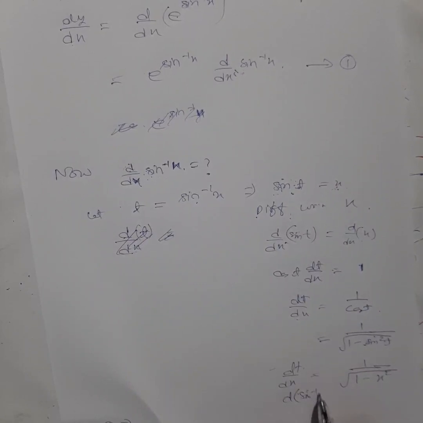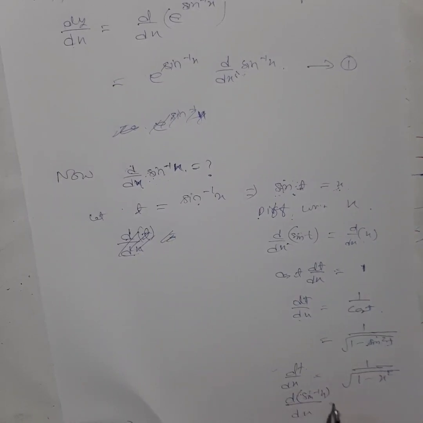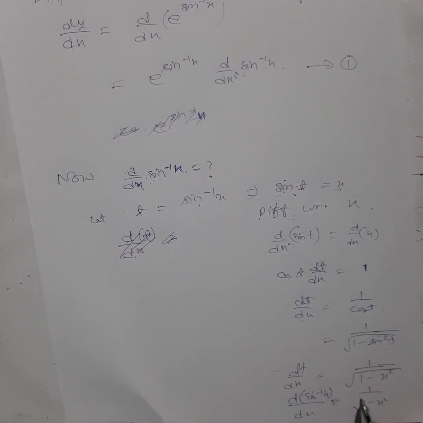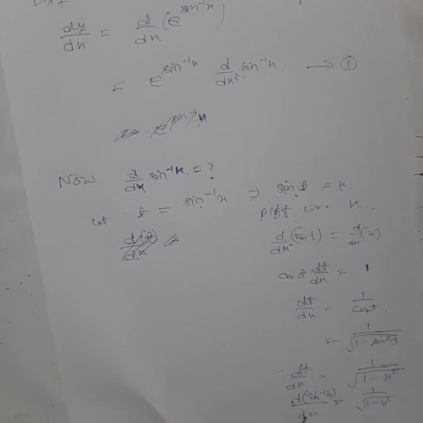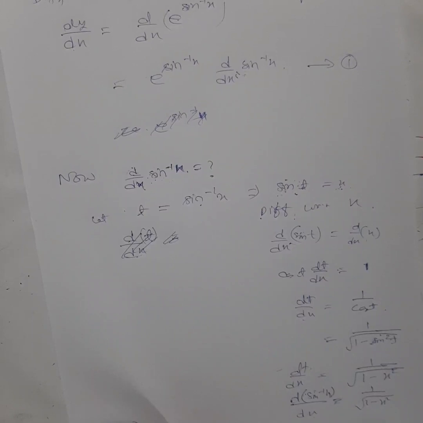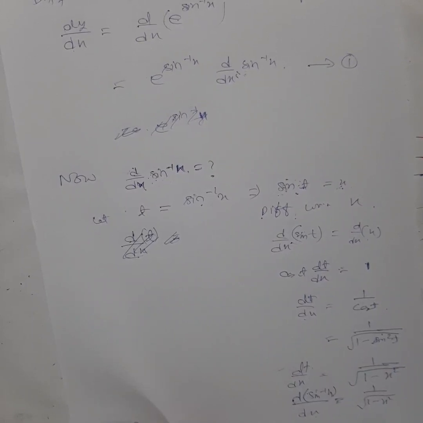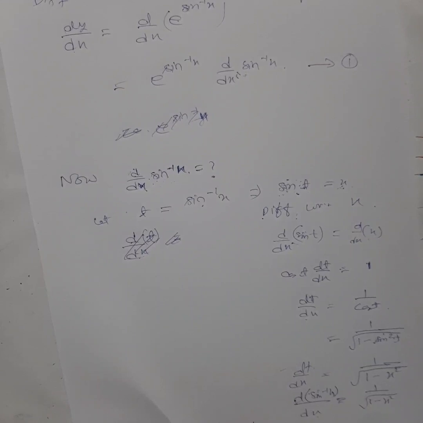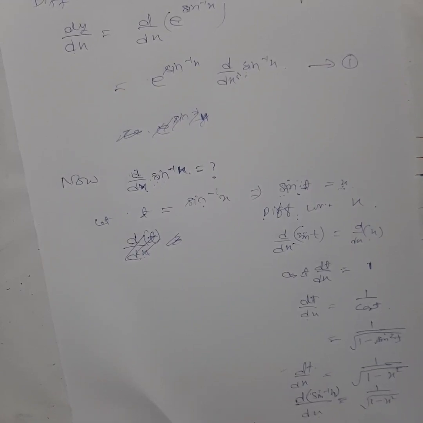Sine inverse x. So d dx of sine inverse x is equal to 1 by square root of 1 minus x square. So we have got d dx of sine inverse x. So dy by dx is equal to e to the power sine inverse x into 1 by square root of 1 minus x square.